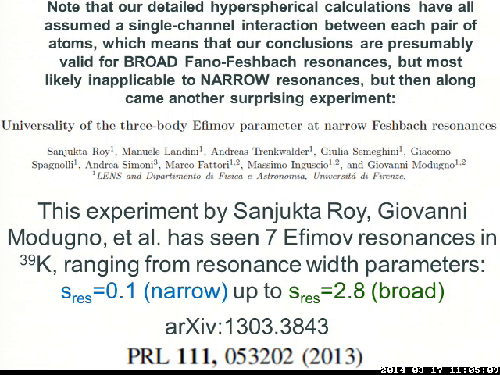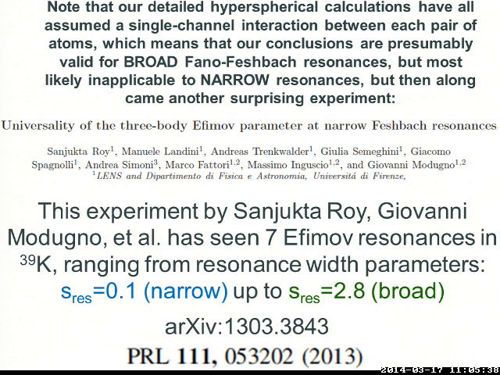Now, one of the things I should say is that all those model calculations we showed were for a two-body Hamiltonian model that would correspond to what you would call broad Fano-Feshbach resonances. That is, they are just assuming a simple potential between the two particles. It's not got the two or more channels that you would need if you wanted to describe narrow Fano-Feshbach resonances.